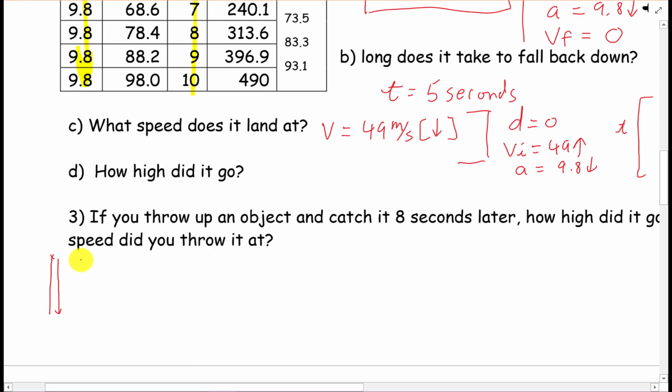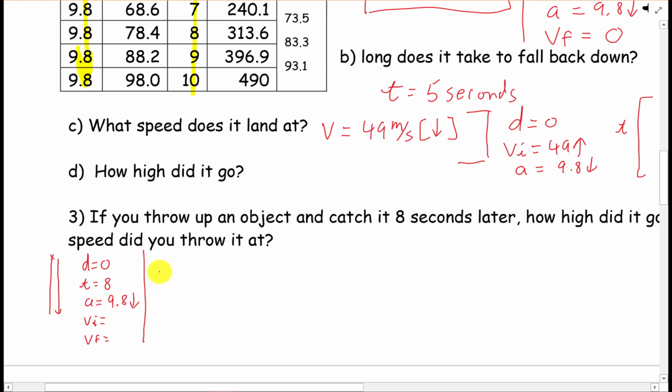So you could do it the old-fashioned way that 2 days ago you would have done. You would have gone displacement equals 0, time equals 8, and the acceleration is 9.8 down. And then you'd go, that's for the full flight. Then you'd calculate the initial speed and the final speed through this, and then you would calculate how high it went.